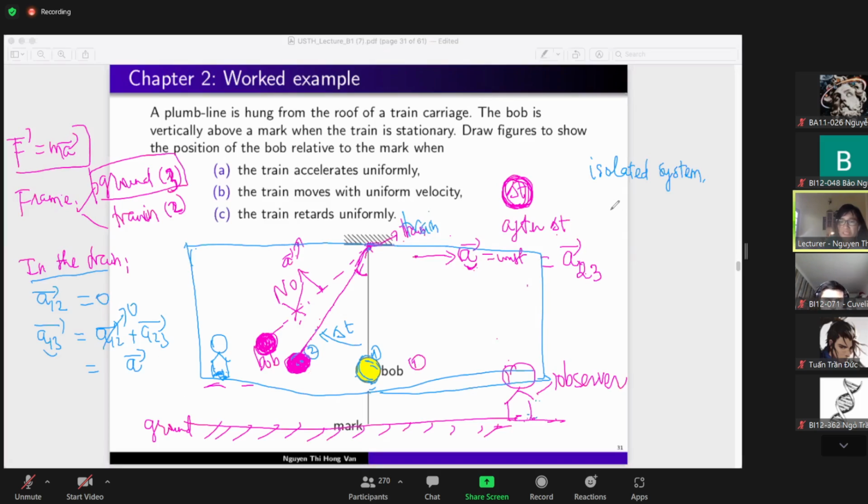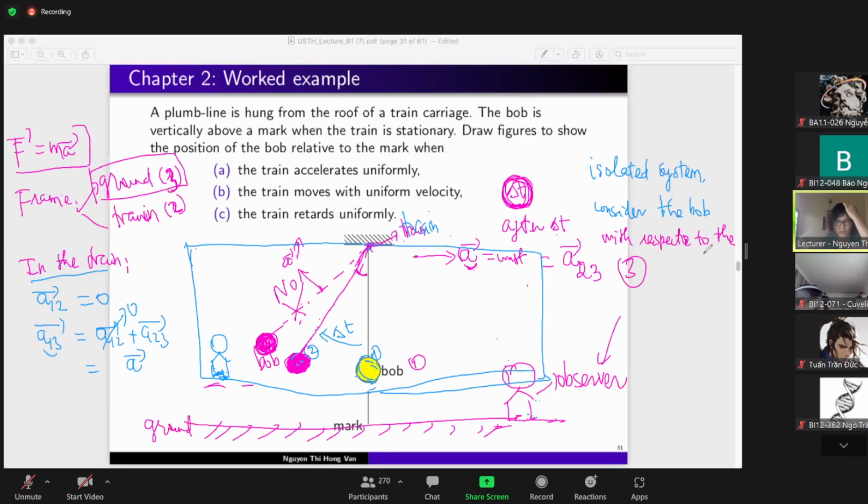Now we consider the bob, but I consider the bob with respect to the ground observer, because the frame of the ground is the inertial frame, and remember that Newton's laws are only correct in an inertial frame.